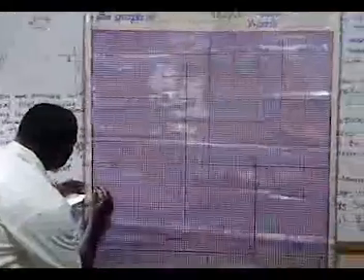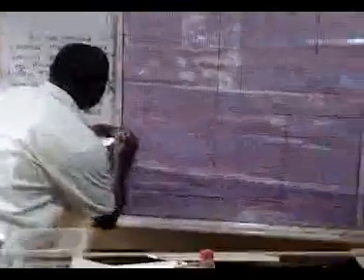So this is 0, 0.2, 0.4, 0.6, 0.8, 1.0, 1.2, 1.4, 1.6, 1.8, 2.0, 2.2 on the vertical axis.